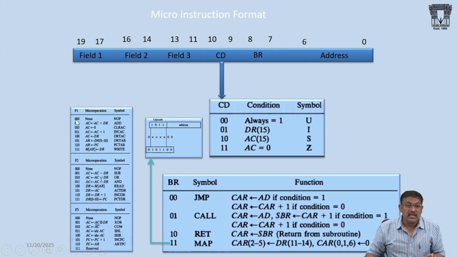Look at this. 0, 0, 0 is no operation for all cases, and 0, 0, 1 is the add operation. For these operations, there are 5 we considered for transfer operations.